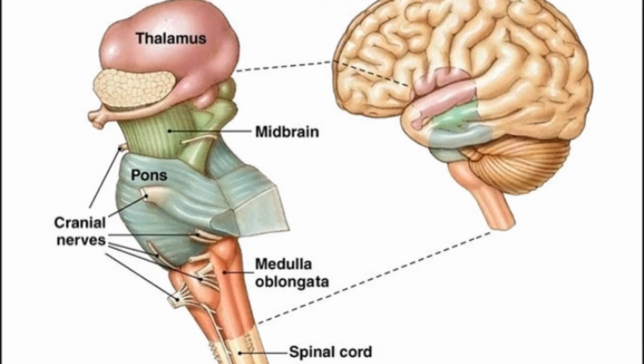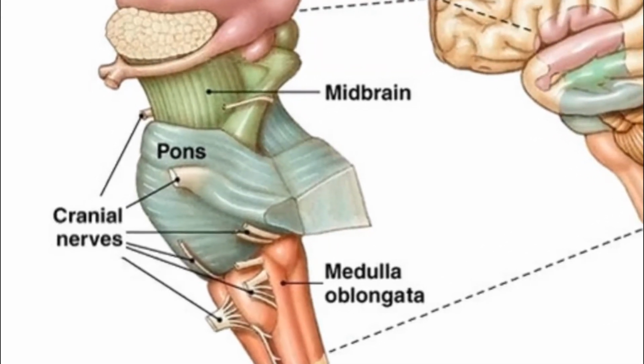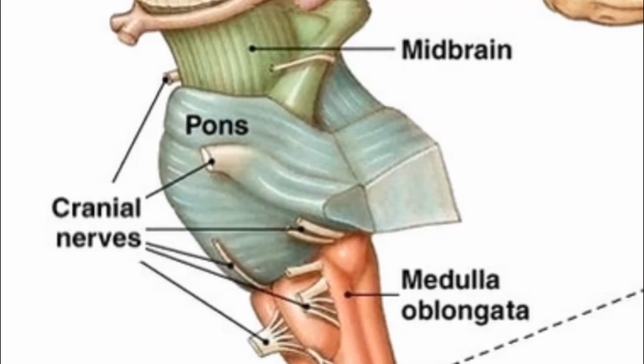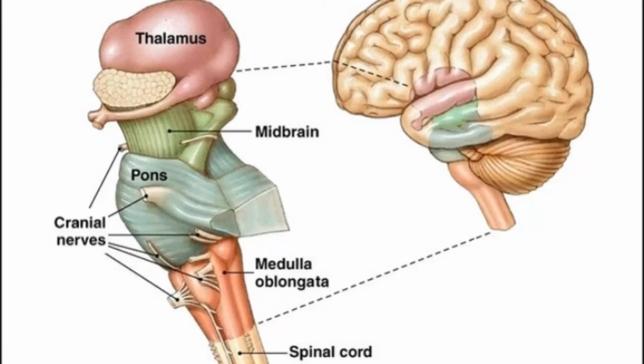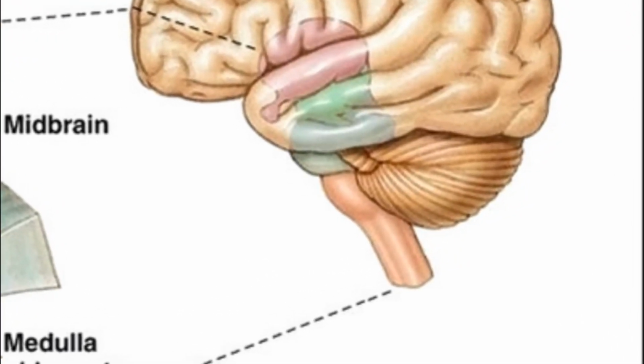The brainstem is important because it controls involuntary movements like breathing, heart rate, body temperature, etc. The cerebellum is in charge of coordination and posture.